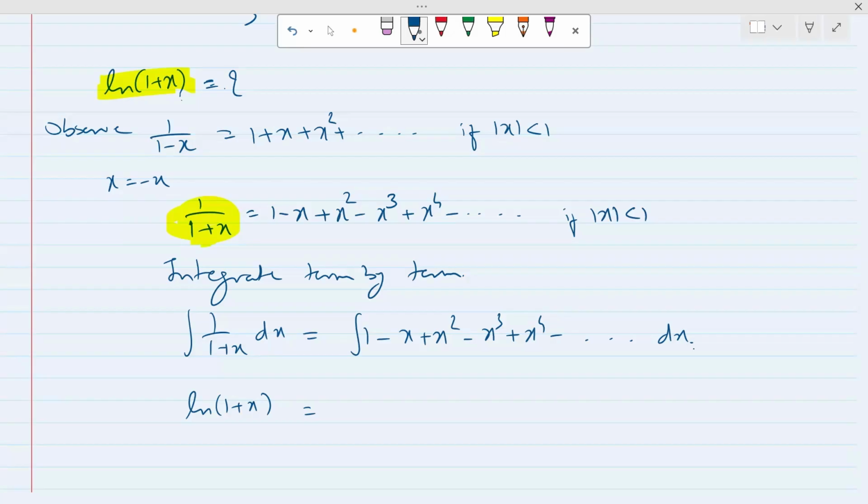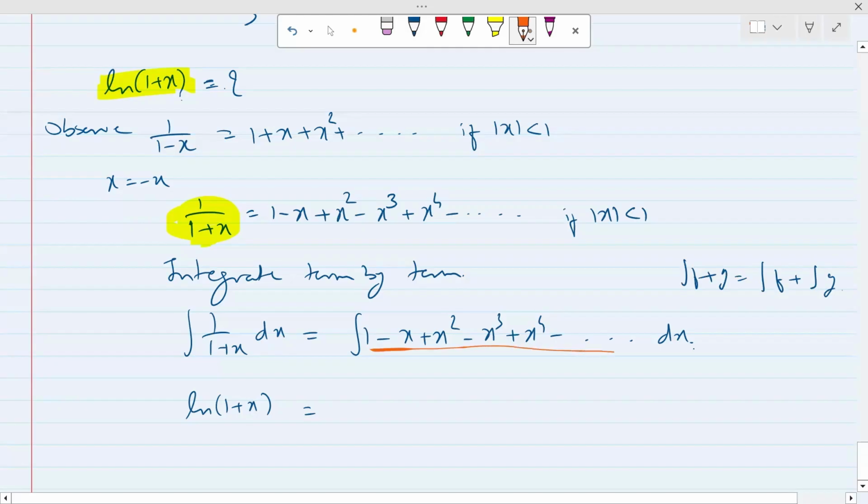When you say such a thing, you are applying a very strong result. We know that the integral of a finite sum is the finite sum of integrals, that is, the integral of f plus g is the integral of f plus the integral of g. But if we have an infinite sum, it's not obvious that the integral of the infinite sum equals the infinite sum of integrals. The functions should satisfy some conditions, and only then does this result hold.